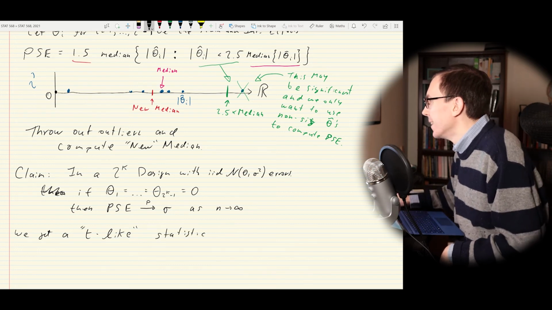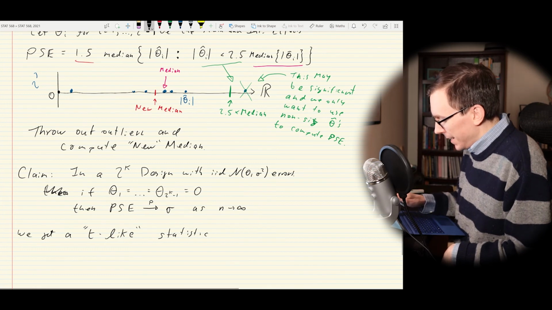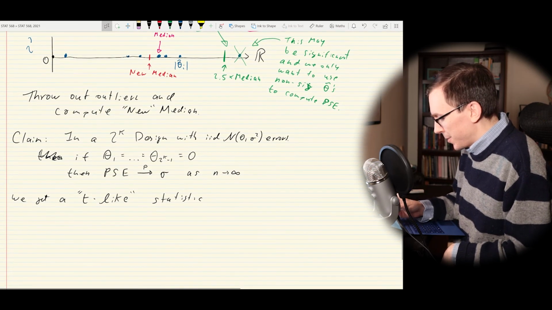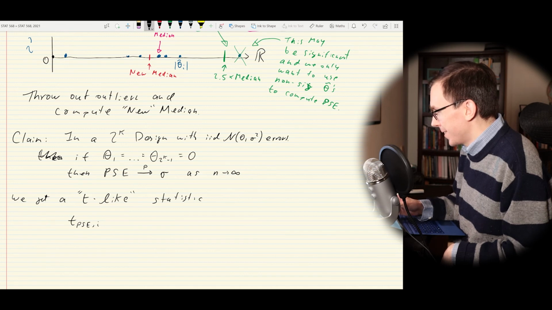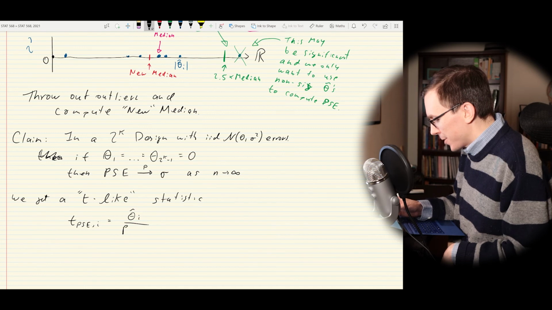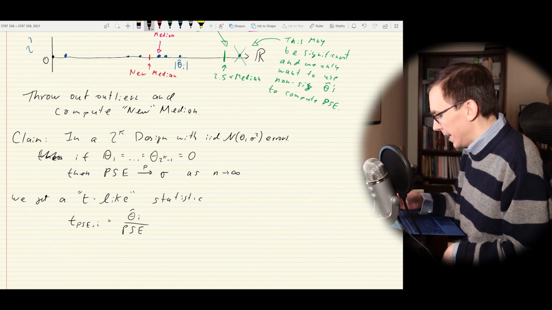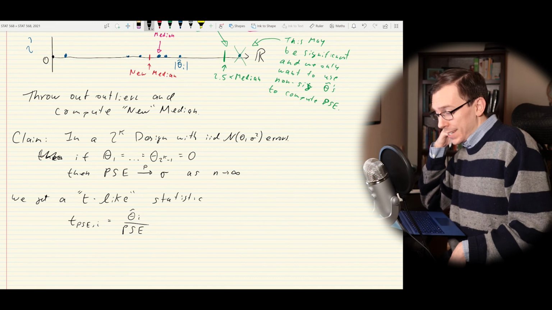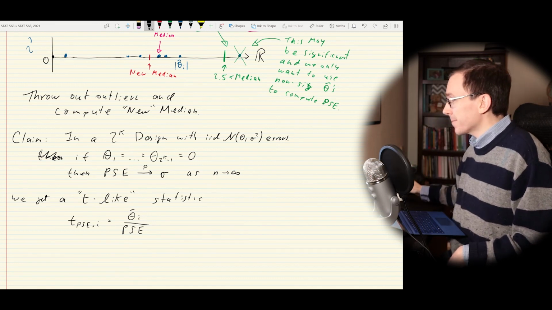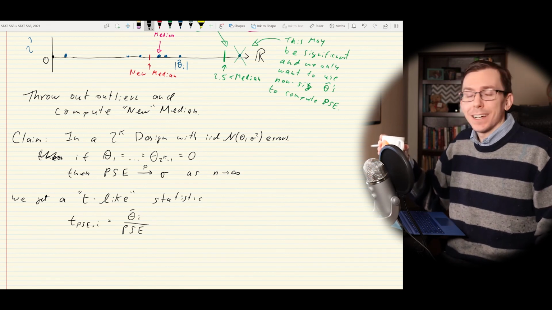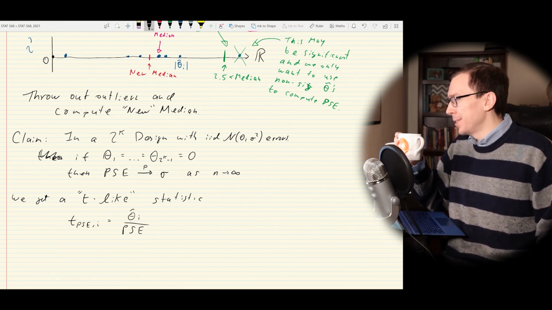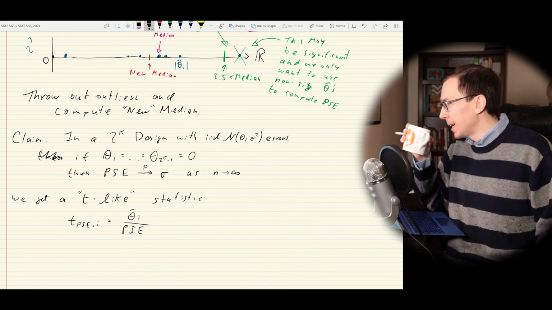I do like T. The T-like statistic, I'm going to write T PSE I for the pseudo standard error, is just theta hat I divided by our pseudo standard error, with no index because it just is what it is based on our data. So then the question is, is this significant or not? Well, we're not going to use a T distribution. We're going to use something a little more complicated.